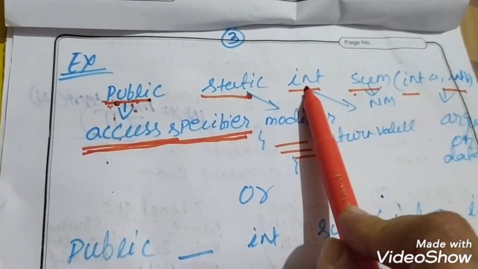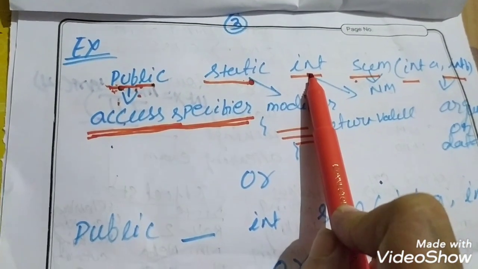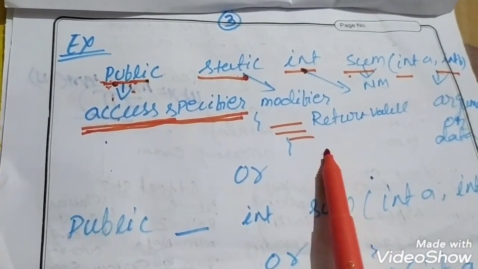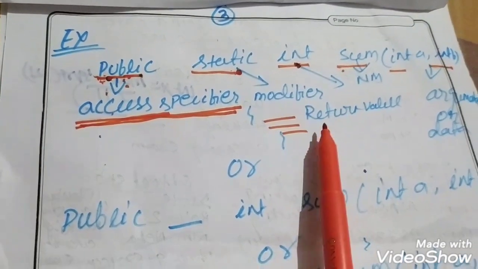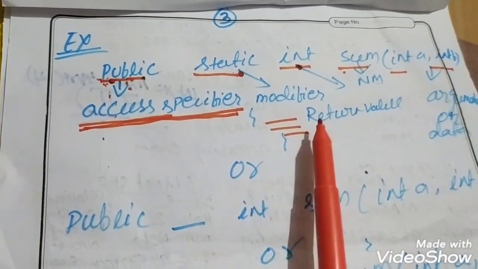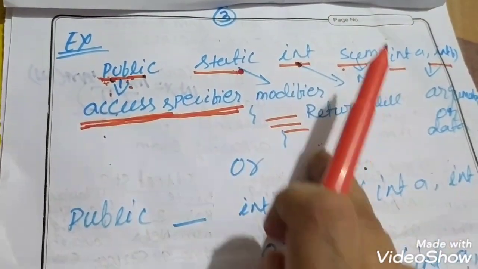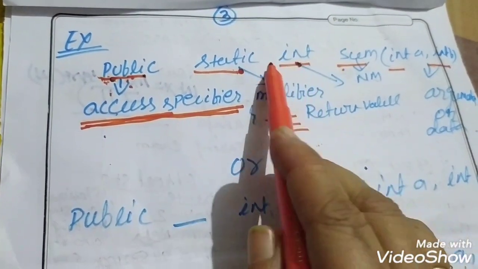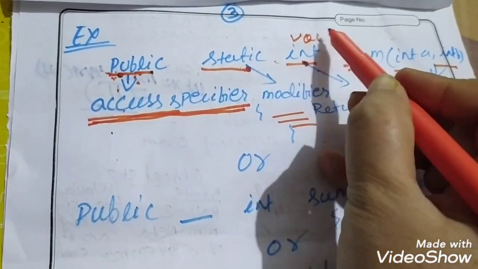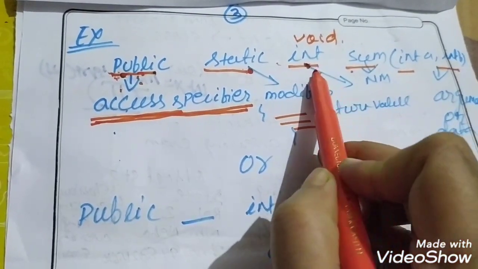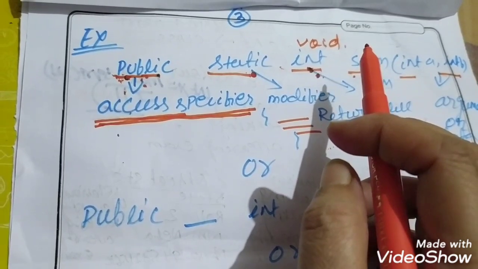Then comes the integer. What is the integer? Integer is the return value. The procedure or the method is going to calculate certain things. That result has to be returned to whom? To the method which invoked or created this method. So if this method does not want to return anything, then instead of integer we can write void. Now, not only integer data type, we can write any other data type, like double, float, string also.